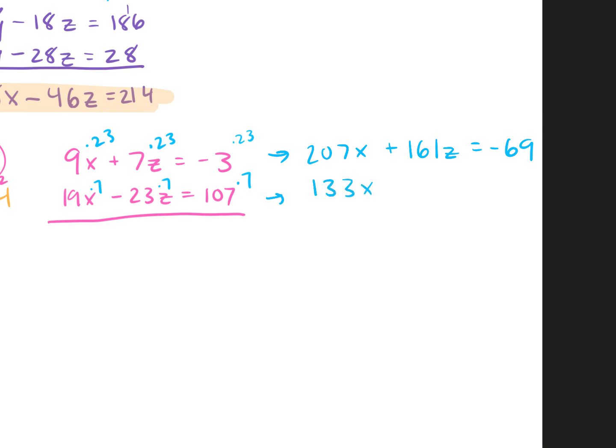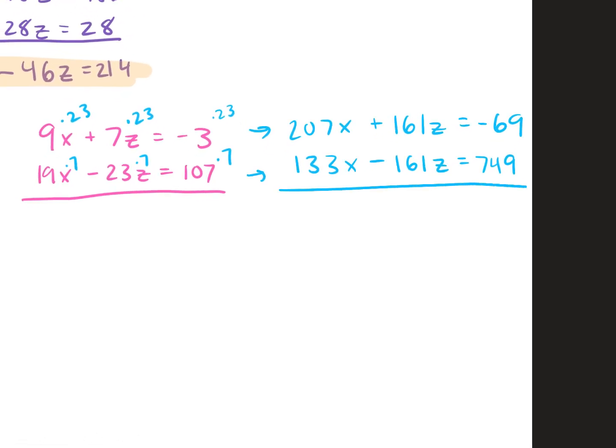And then negative 23 times 7 would be negative 161z. And 107 times 7? 749. All right, now our z's cancel. Let's combine the x's. So this would give me 340x, and we should get 680.